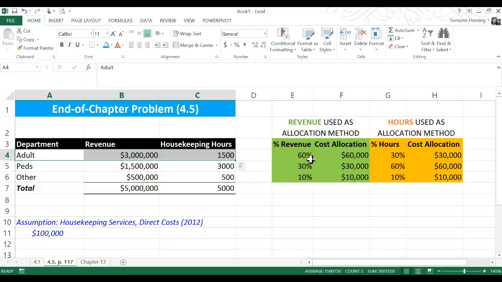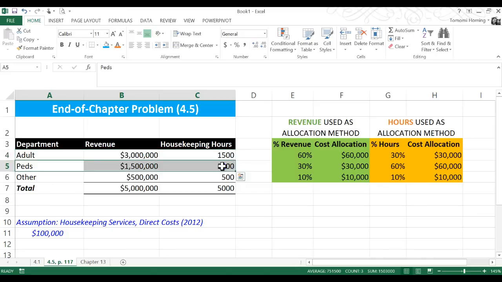You generate a lot of revenue for the organization, 60% of the revenue of the organization is driven by the adult department, but comparatively they use very little housekeeping hours. So why would you, as a department manager, want to pay $60,000 for housekeeping services when technically you only use $30,000 worth of services based on hours utilized across the organization?